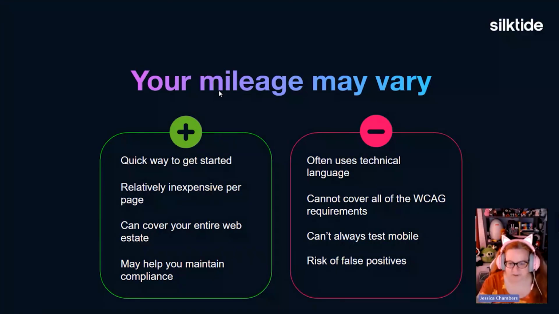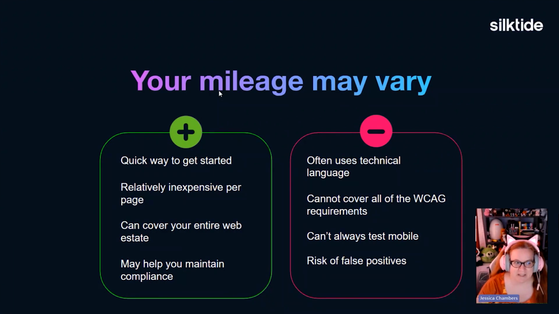Because I do use other tools, I know that they often use really technical language that can be hard to understand. It's important to know that oftentimes you can't test mobile, right? It can't cover all of the WCAG requirements.